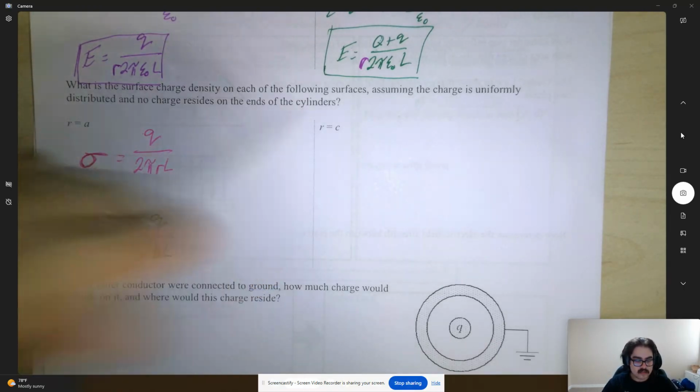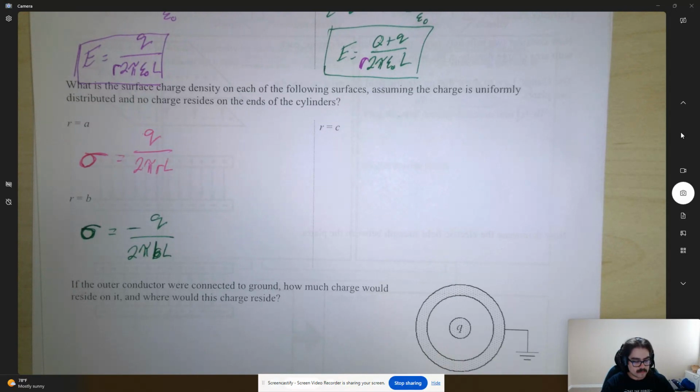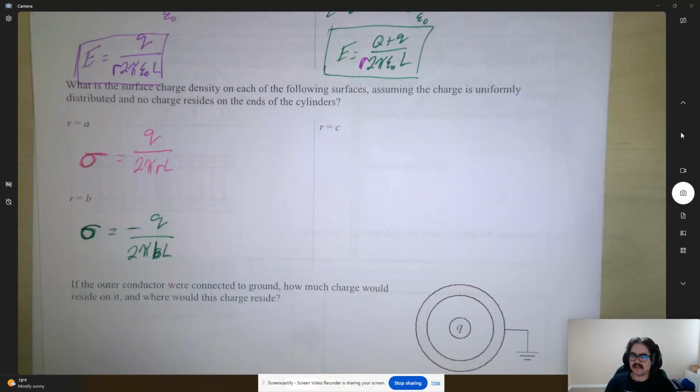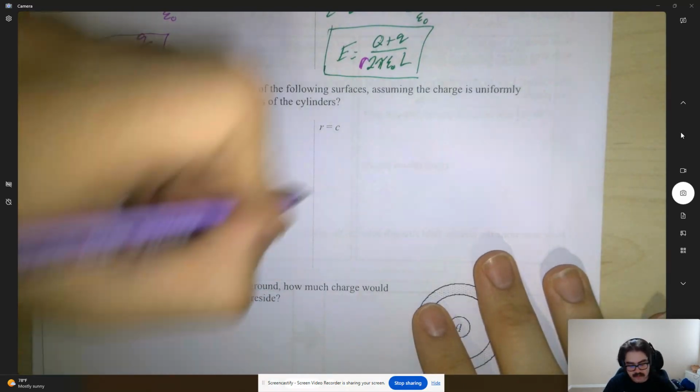And then for r equals C, it's now going to have both of the total charges on it, so Q plus little q. The reason for that is something with the nested conductors, which we'll talk about in a couple of sections.